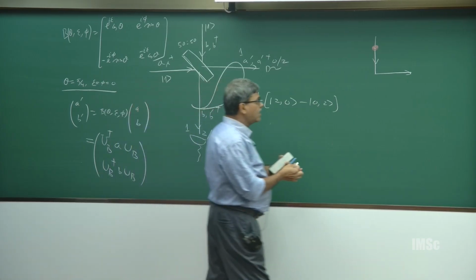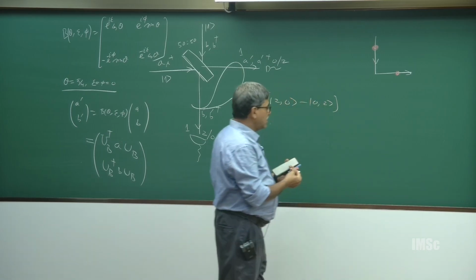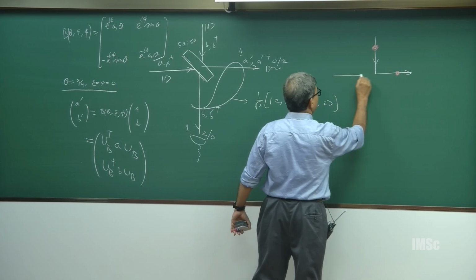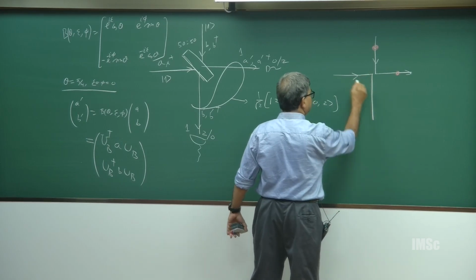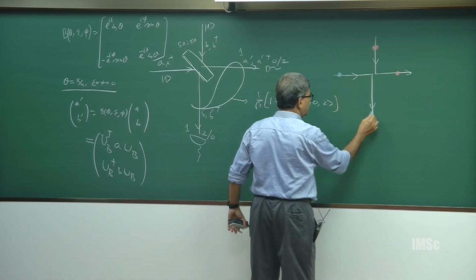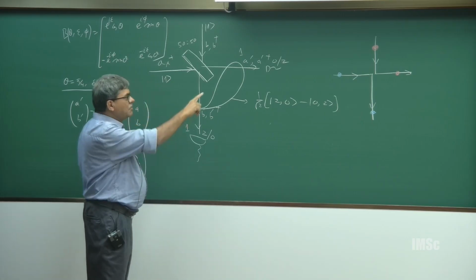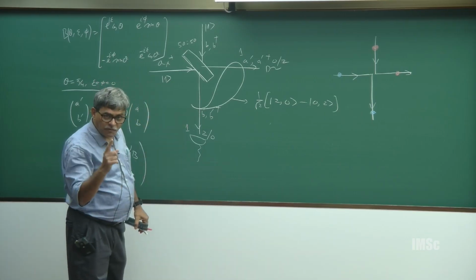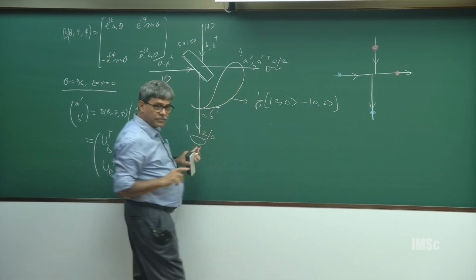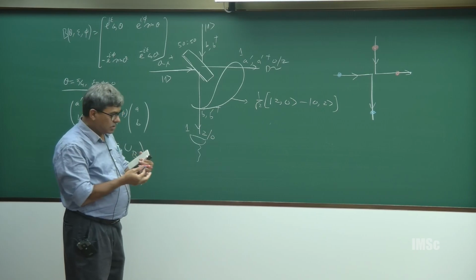So, you will have a photon here, and similarly you can have... okay. So, this is one possibility, and this corresponds to one photon here, one photon here. This you know that cannot happen. Okay. Is this clear?